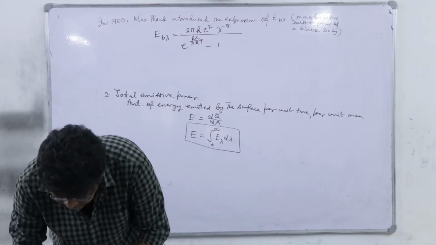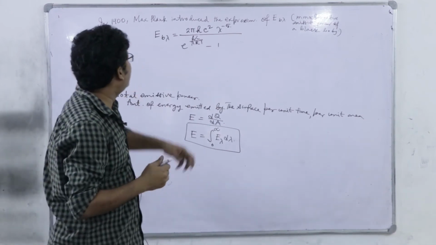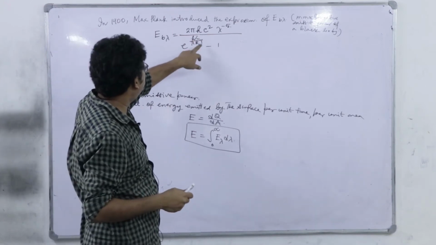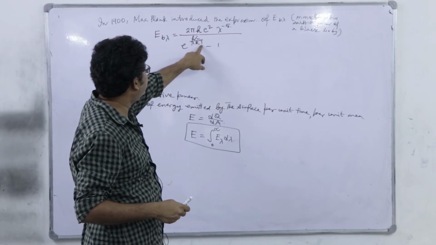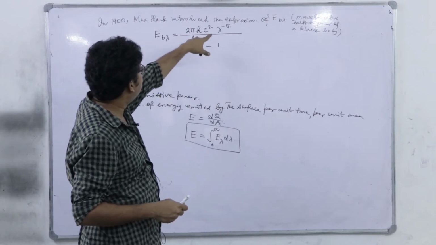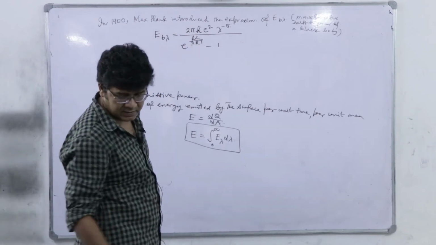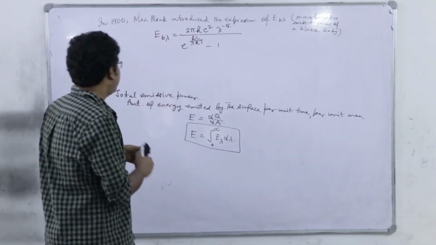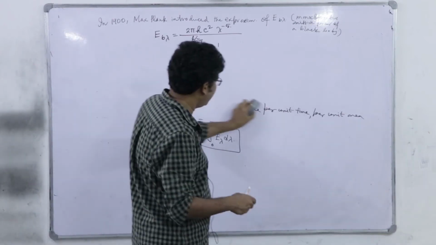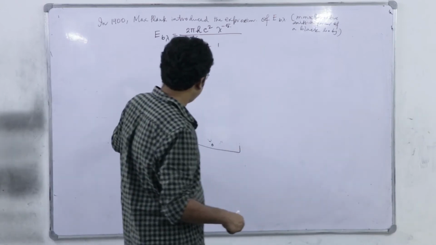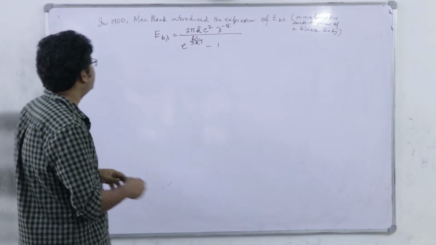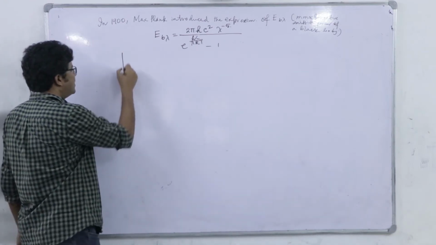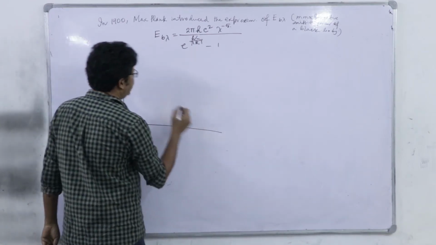So, here you see that we have two variables, or rather temperature is functioning as a parameter, whereas lambda is the specific variable with which E B lambda drastically changes. So, it will give you a distribution of E B lambda with respect to lambda at a given temperature.